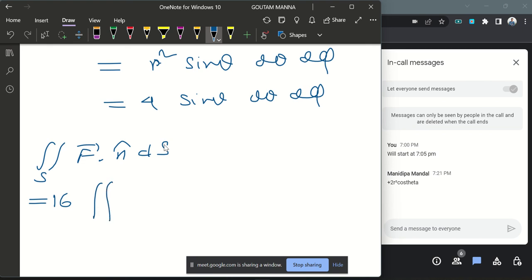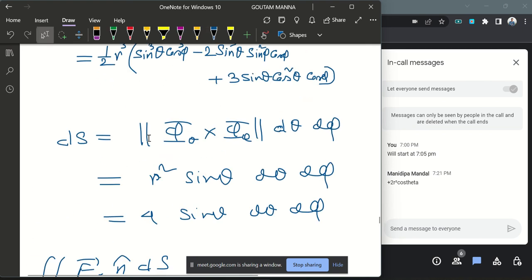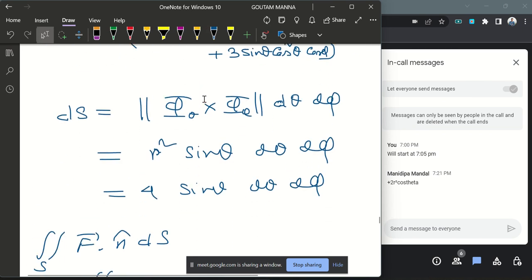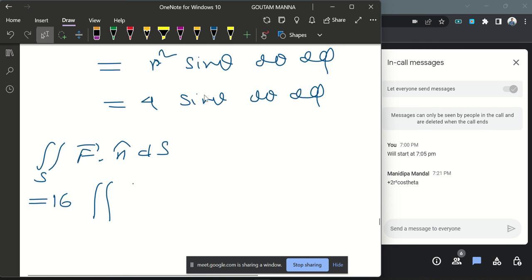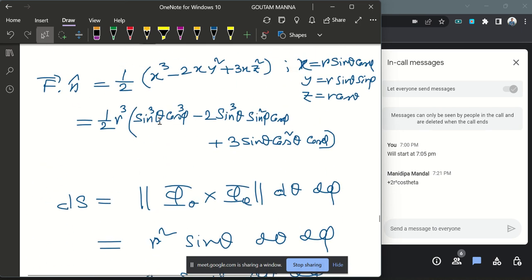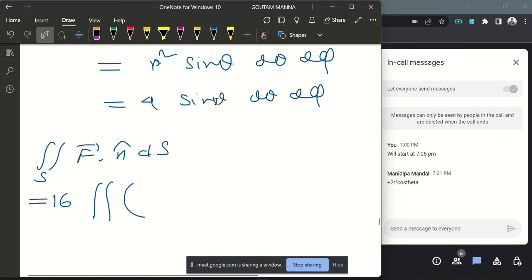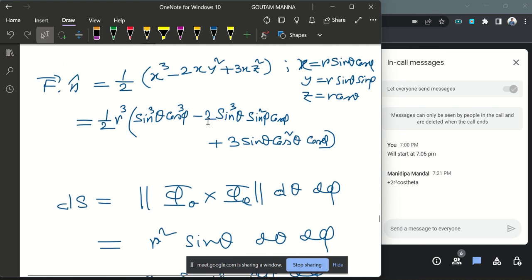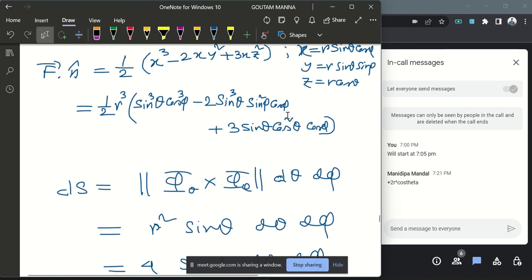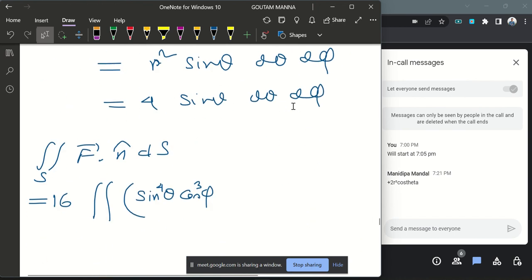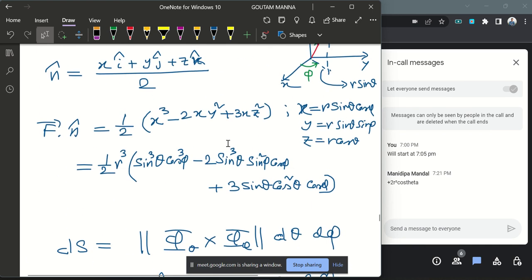and then the integration, and from f dot n we are getting this sine cube theta cos cube phi, and there is a sine theta here in the ds, so it will be sine to the power 4 theta cos cube phi minus 2 sine to the power 4 theta sine square phi cos phi.